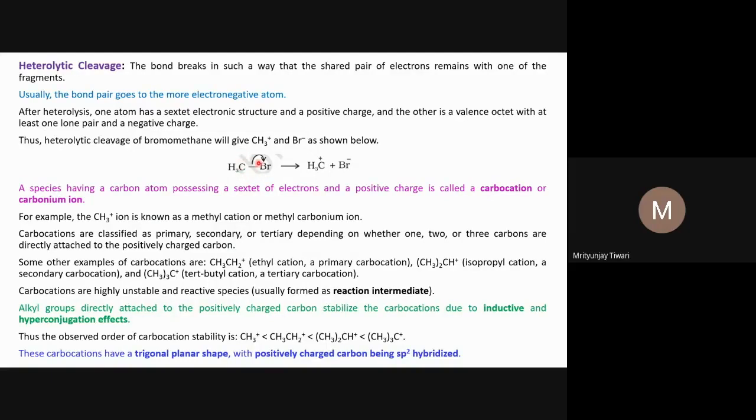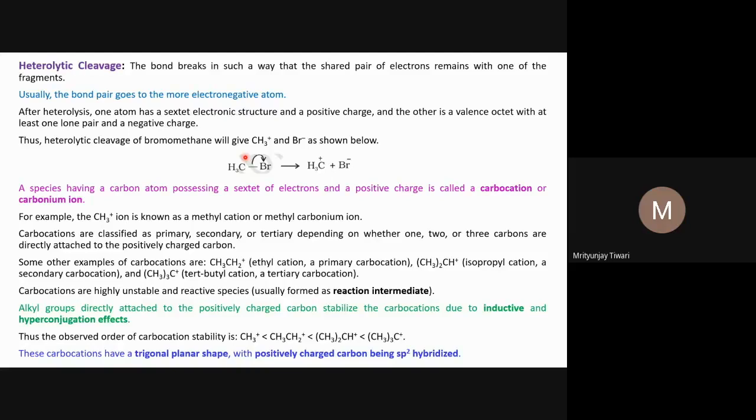The shared pair of electrons goes to the more electronegative atom. However, what can happen if, in an organic molecule, the shared pair of electrons is shifted towards the carbon, meaning the carbon is a more electronegative atom than the atom it is bound to?